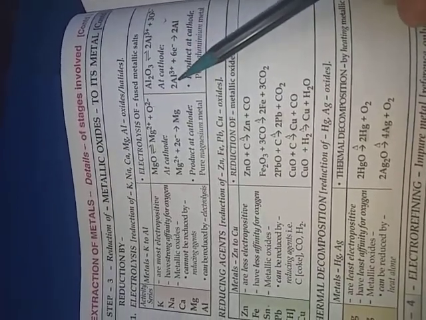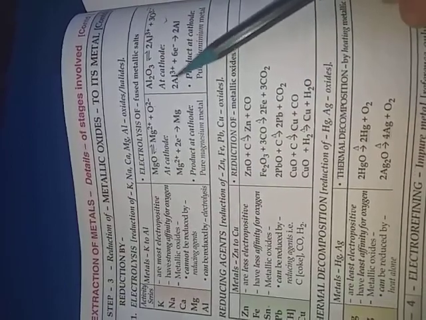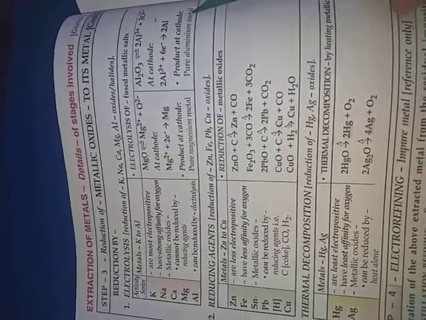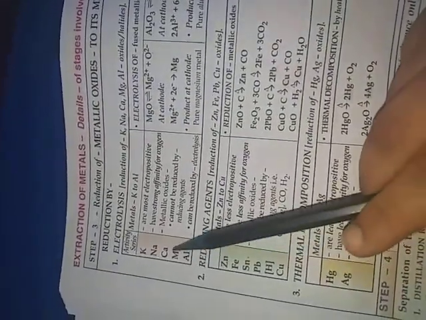There, two aluminium ions gain 6 electrons and convert into two aluminium atoms. It means at the cathode we will get pure aluminium metal. So these are the highly electropositive metals which have a very strong affinity for oxygen, and they can be reduced by the process of electrolysis.